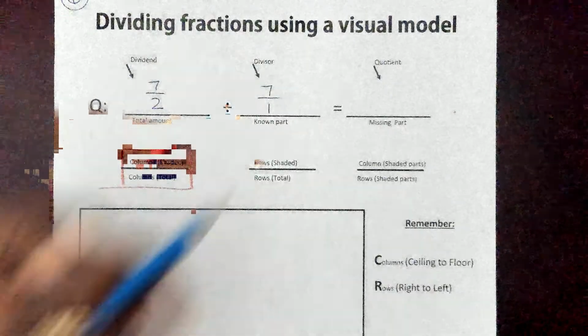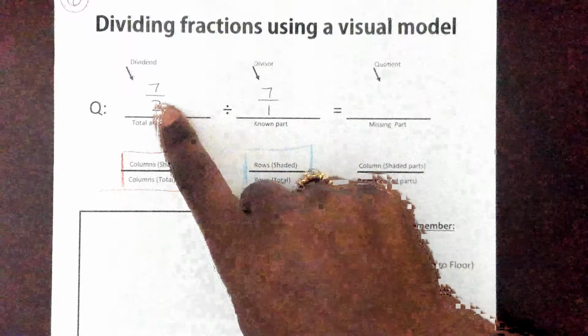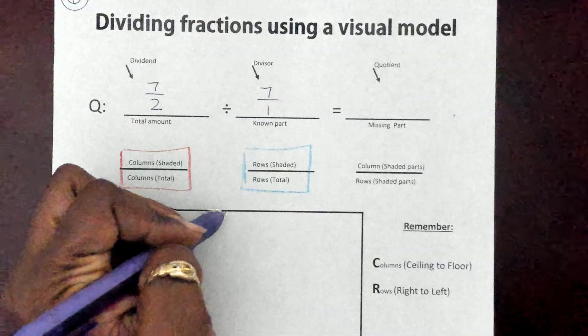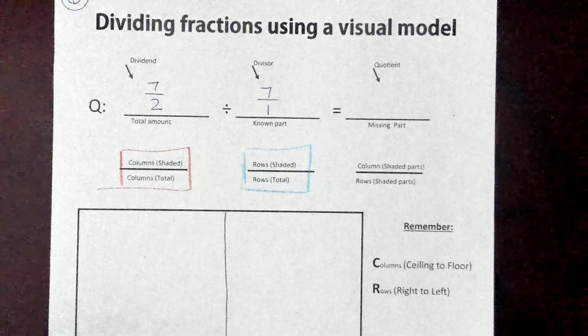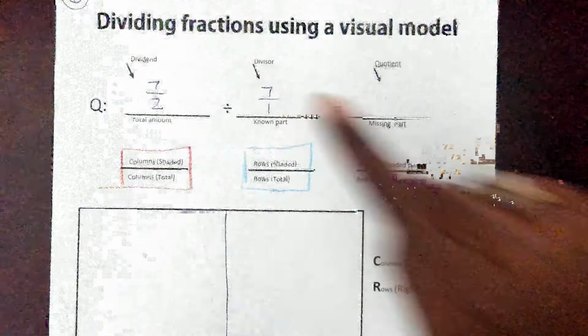Our columns this time will be red, and we will have blue for our rows. In this case, we have a total of 2 columns. Columns means we're going from the ceiling to the floor. And we have a total of 1 row, our original model.